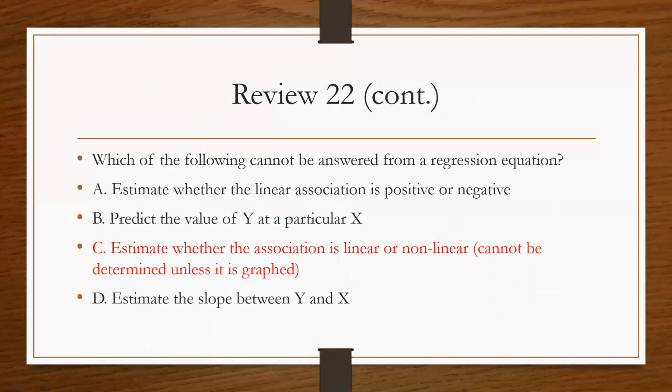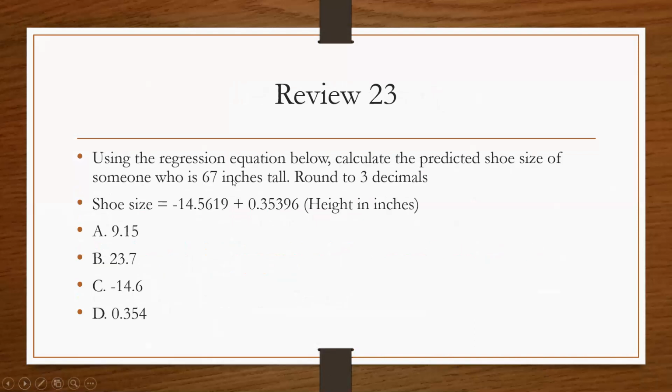And estimating the slope just requires a little bit of manipulation: if you know what y is and what x is, you should be able to figure out the slope. So the only one you can't do is discover whether the association is linear or nonlinear.